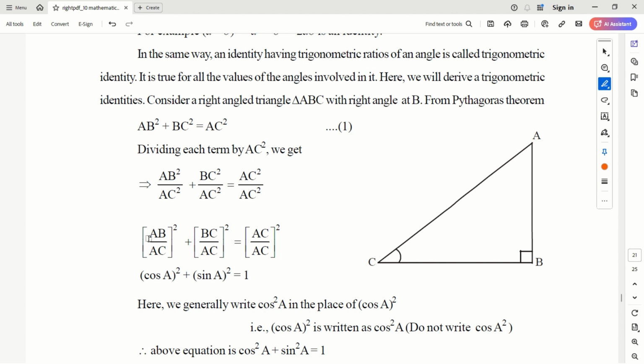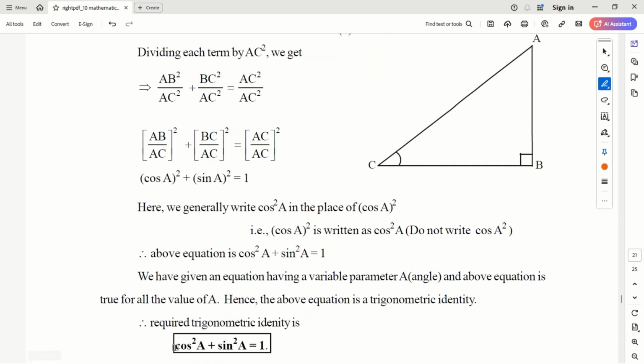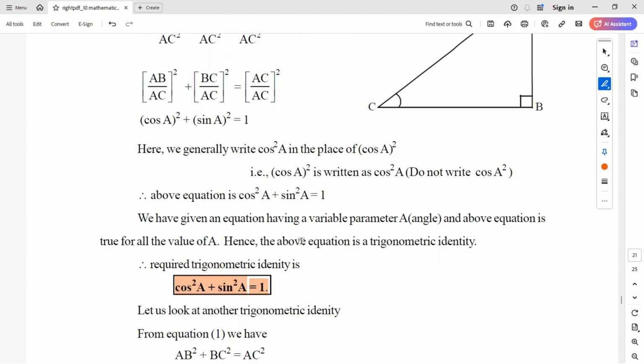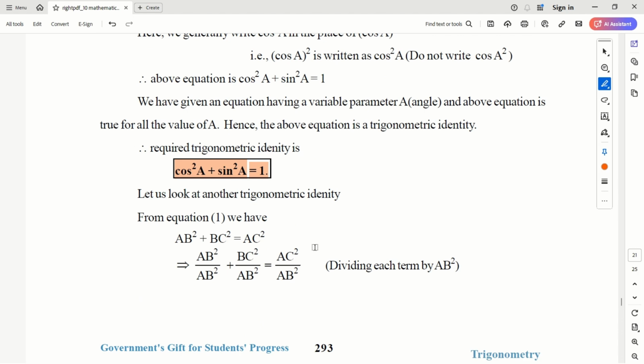If I divide both sides by AC square, then what I will get is AB square by AC square plus BC square by AC square equals 1. AB by AC is nothing but cos A, and BC by AC is nothing but sin A. So sin square A plus cos square A equals 1. This is one of the very important and basic trigonometric identities. Many things will be derived from this one, and most of the trigonometric equations we solve using this one.